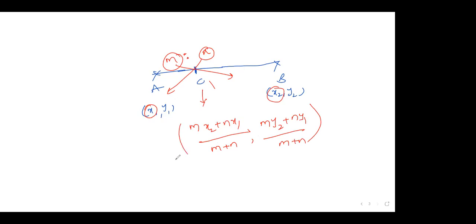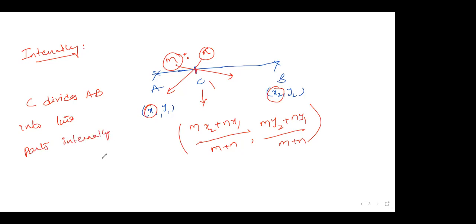Now, since C is in between A and B, we say C divides AB internally into two parts, then we can calculate C like that. This is the section formula.